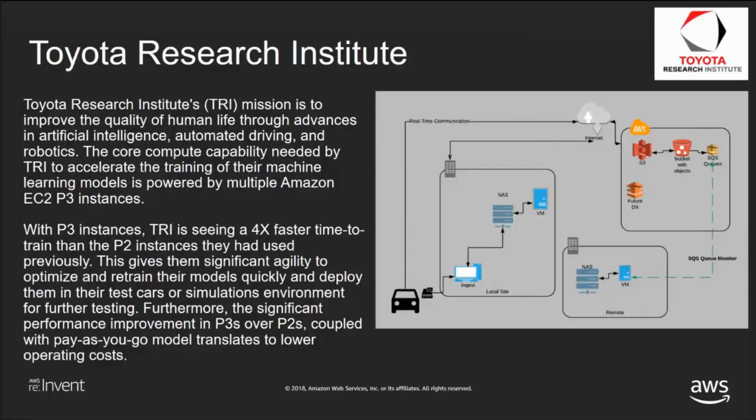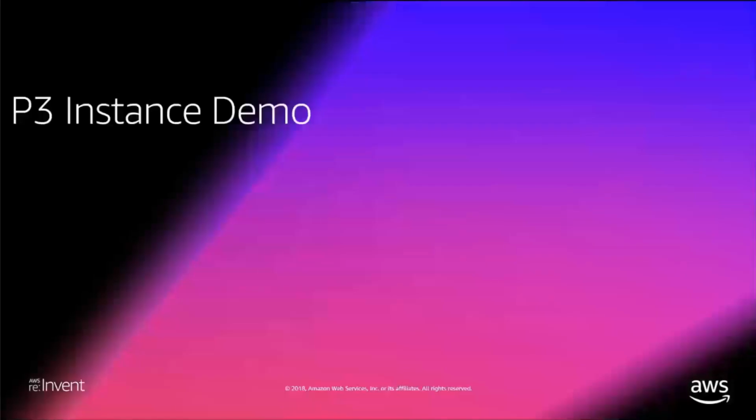These include a lot of the object detection types of models that you saw earlier. So there is a significant improvement and advantage in using the EC2 P3 instances, especially when you have very large models like Toyota Research has.